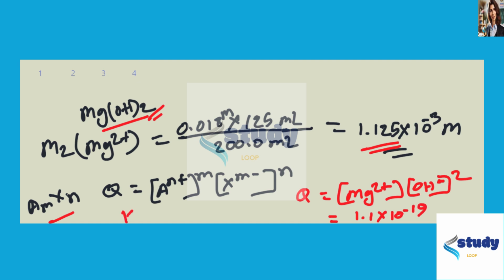Now if we find the Ksp value for magnesium hydroxide from a table, we'll see that the value is 2.06 times 10 to the power minus 13.